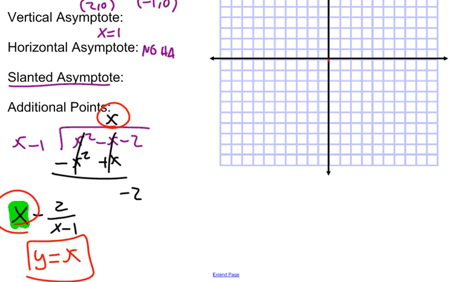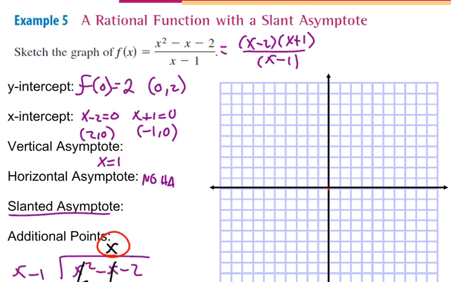So let's go ahead and plot everything that we have, and let's see if we can figure out what this graph actually looks like, right? So I'm going to do some red here. Let's first start with our y-intercept at (0, 2). We have an x-intercept, actually 2 of them, at (2, 0) and at (-1, 0).